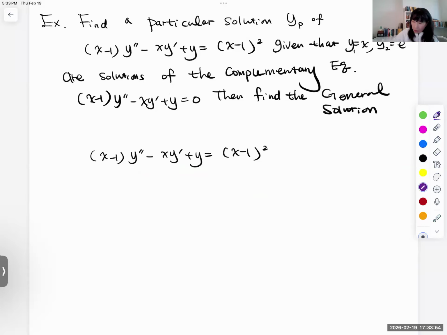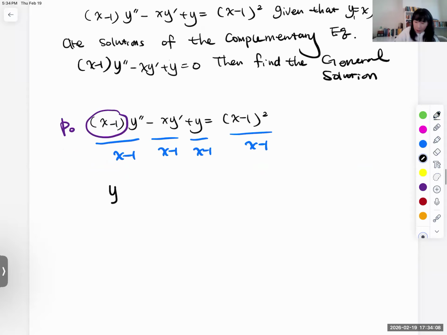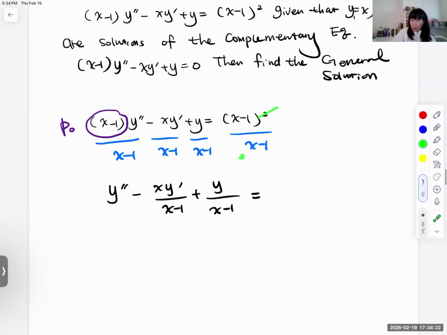So this is a p naught. So divide by x minus 1. So we get y second prime minus xy prime over x minus 1 plus y over x minus 1 equal to 1.